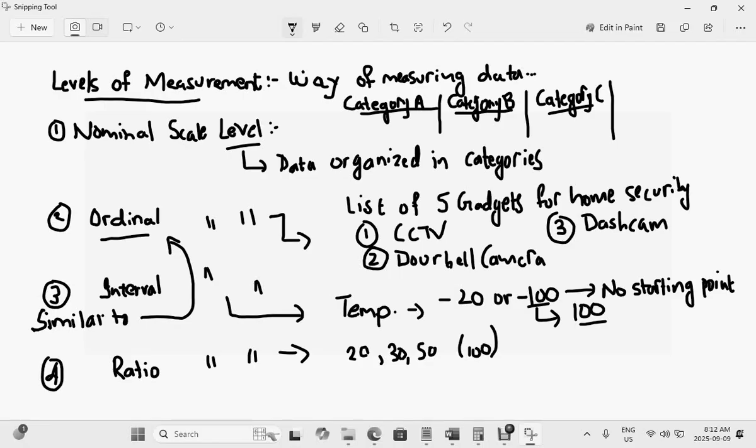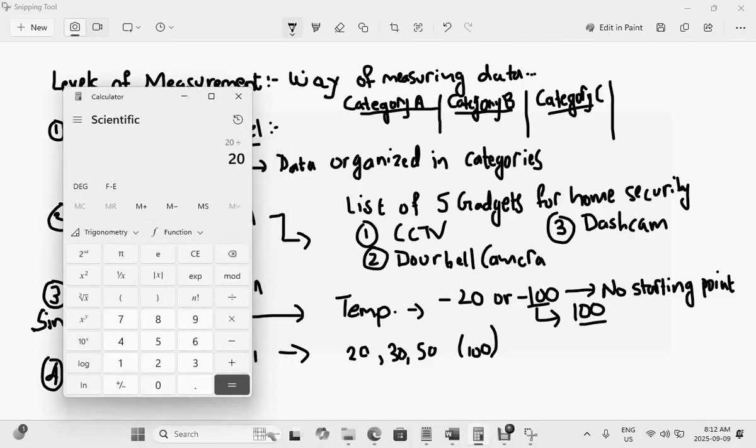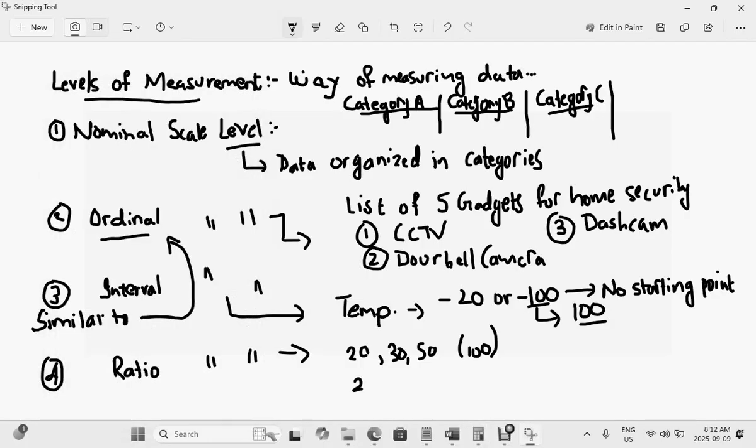So now what you want to do is figure out the fraction. 20 divided by 100 will be 20%, so you write this as 20%.